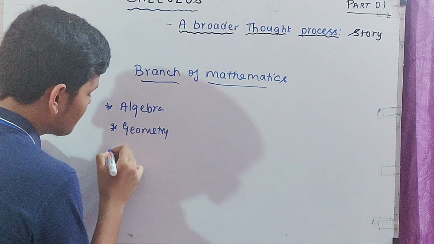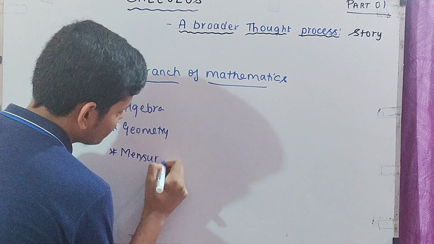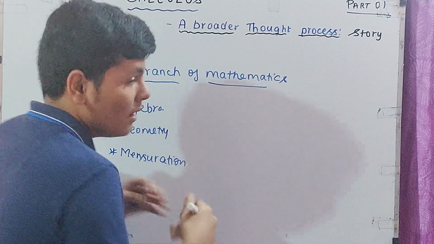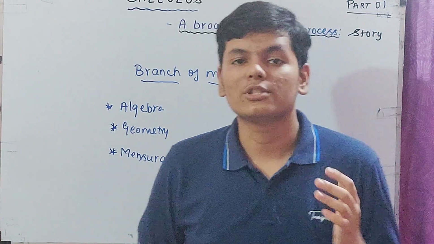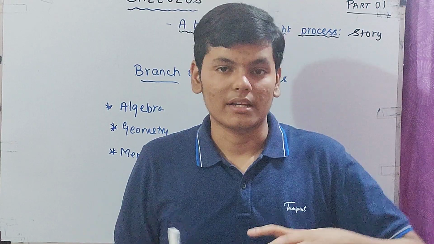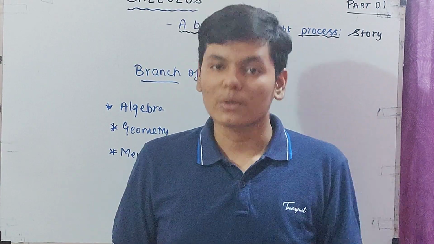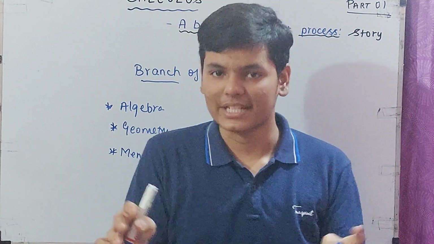Then we have something very related to geometry, mensuration. Mensuration is used to calculate the relations between shapes in terms of perimeters, areas, surface areas, circular surface area, lateral surface area, and so on.